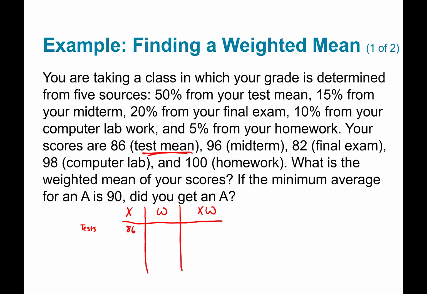So for tests, I have an 86 average. Tests count 50%. We always use decimals for the weights, so anytime we have a percent in this class, we're going to convert it to decimals. If we multiply them together, 86 times 0.50, we get 43.